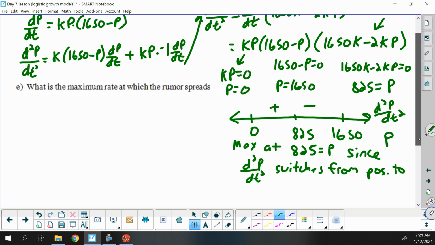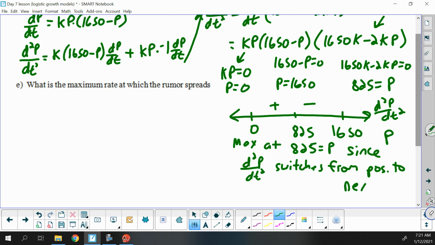And you might be asking why is it a max when the second derivative is switching? Well, it's because we are trying to find when is it growing the fastest. So we want the maximum of the rate, so it's always its next derivative. Well, the question said, when is the rumor going the fastest? We found the population when it is going the fastest.